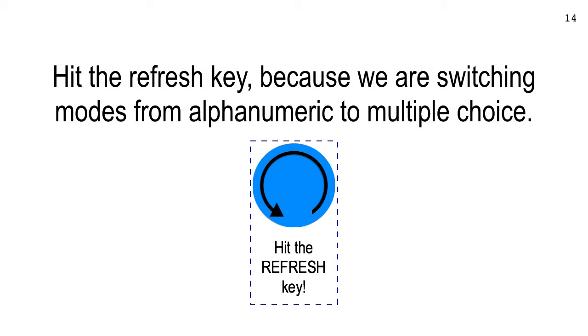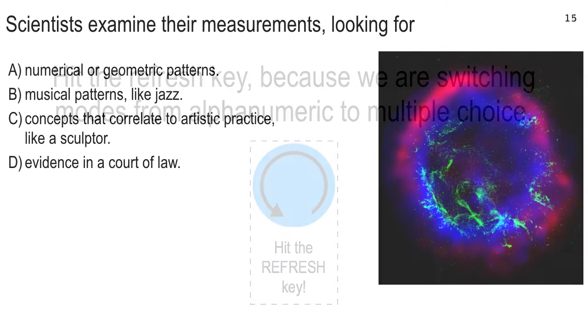By the way, if I don't have any photo or illustration, I just put in something to fill the screen up with an image a lot of times. Hit the refresh key. We're switching over to multiple choice. Whenever we switch one way or the other, we have to hit the refresh key. Okay, so it should say ready or something.